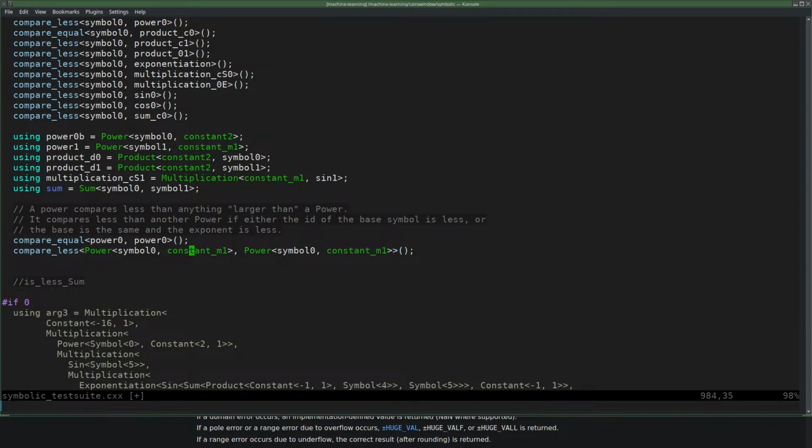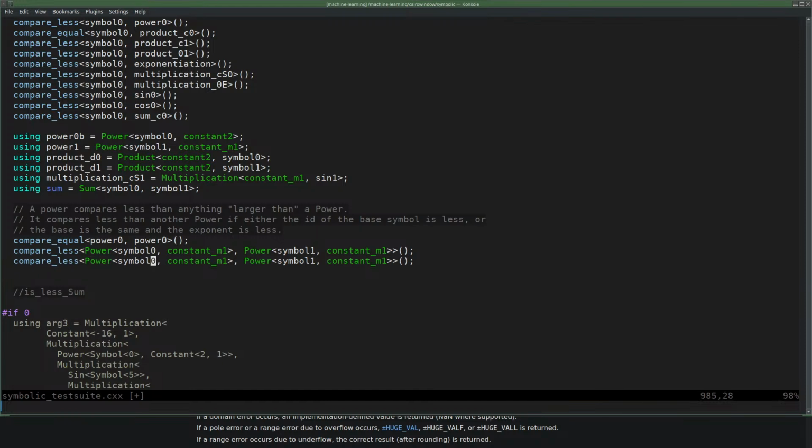So it should be less if this is symbol 1, even though the exponent is larger. And if it is symbol 0, then it should be less if the exponent is less. M1 being less than 2. I think I compared power with itself now in all possible ways.